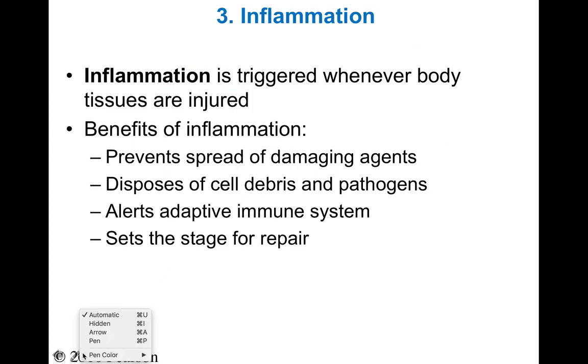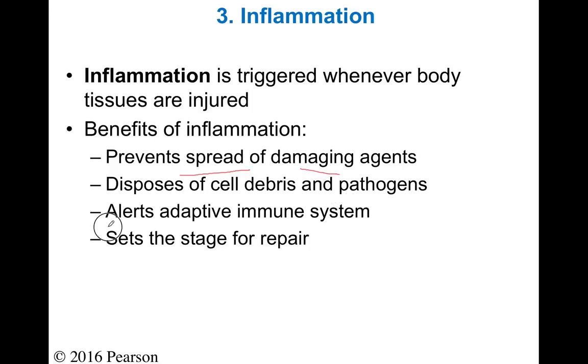Inflammation is another part of the second line of defense within your innate immunity. There are a lot of benefits coming from inflammation. First of all, through inflammation, you prevent the spread of the damage to other parts of the body. You remove the cell debris and pathogens.